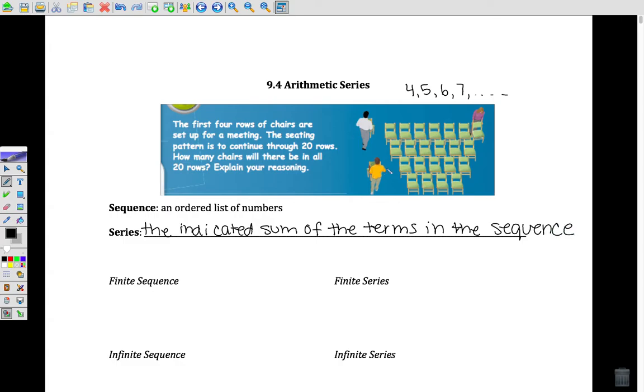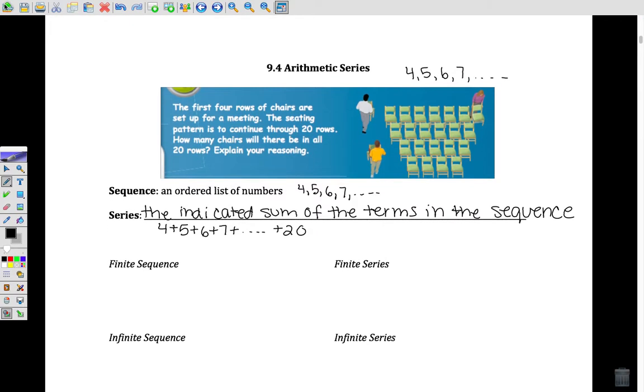So in this chair example case, 4, 5, 6, 7, and so on would be the sequence, and the series would be 4 plus 5 plus 6 plus 7 all the way until we got to plus 19 plus 20 in this case, if we were trying to figure out how many are in 20 rows.